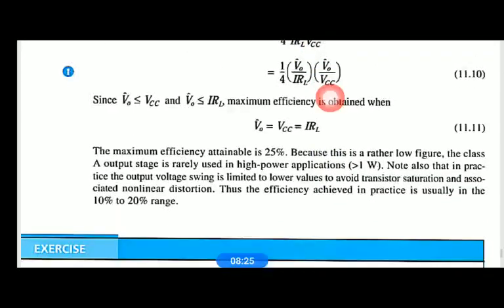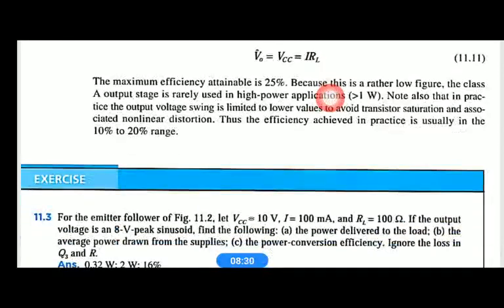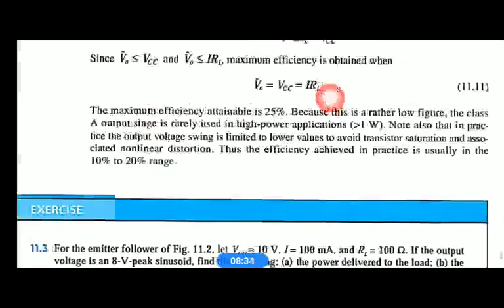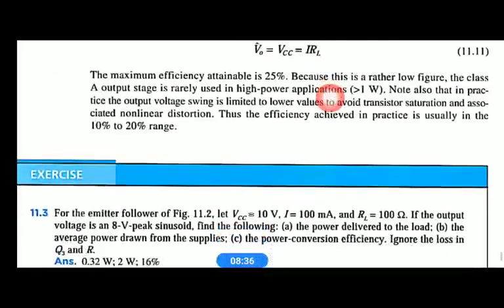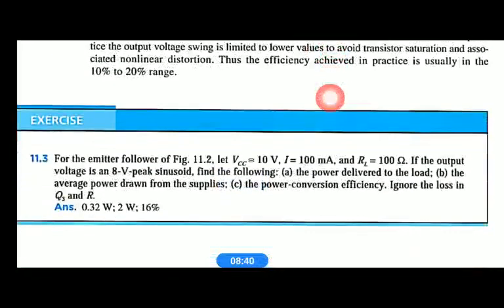I is 100 milliamp and RL is 100, so the product is 10, and VCC is 10, so 10 into 10 is 100. 16 divided by 100 is 0.16, multiplied by 100 gives 16%. You can see the answer. You can do this in your assignment book.